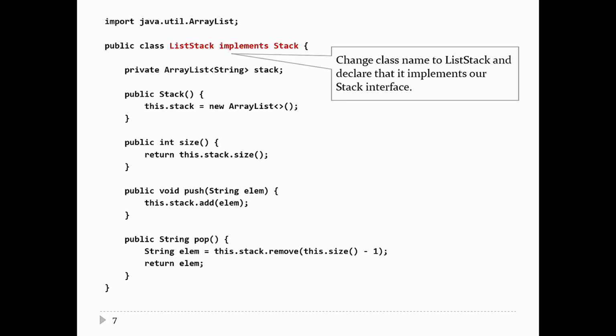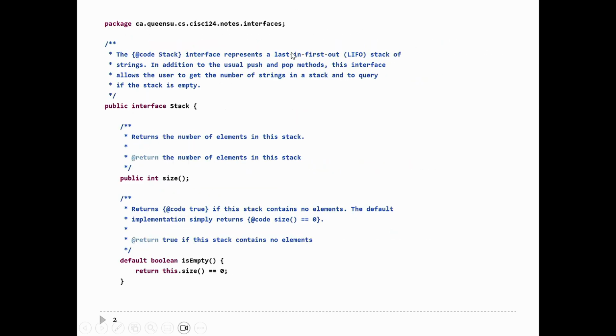Now, in the previous lecture, we implemented a stack using an array, but it was an array of int. So I can't make that class implement the stack interface, because our stack interface is strictly an interface for a stack of strings.